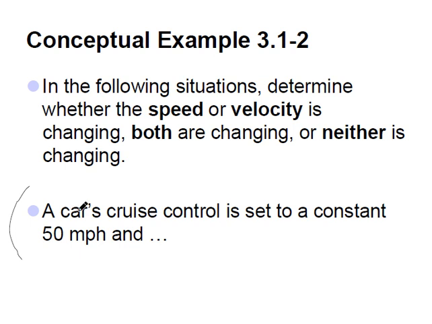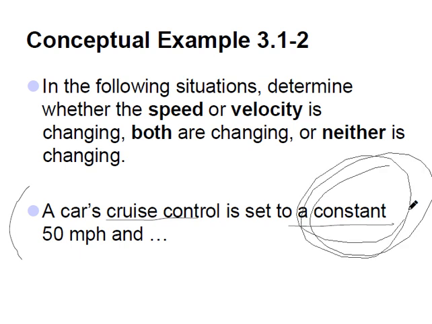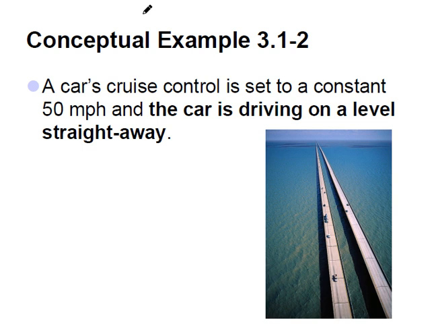Now we're dealing with constant speed. When you look at it, a car's cruise control is set, meaning it's going with the same speed. It's set to a constant 50 miles per hour. So if you have a constant speed of 50 miles per hour and your car is driving on an example like this, on a level straightaway, then you understand there is no change.